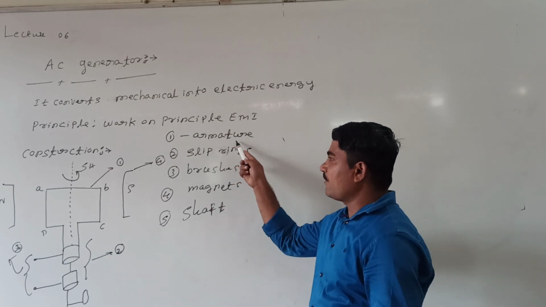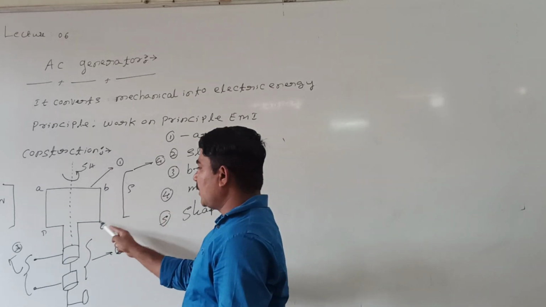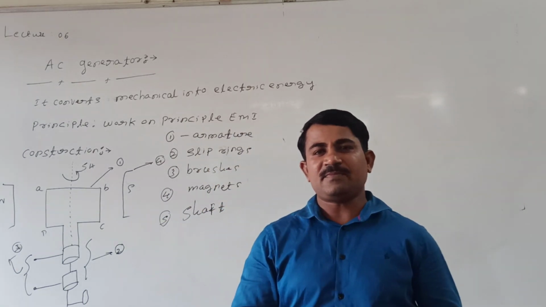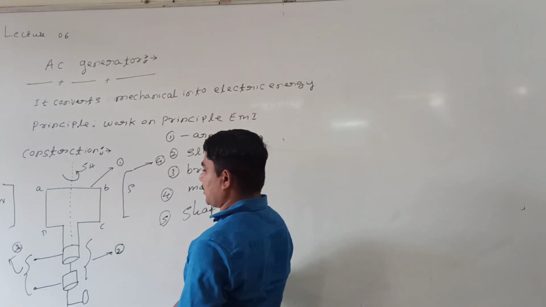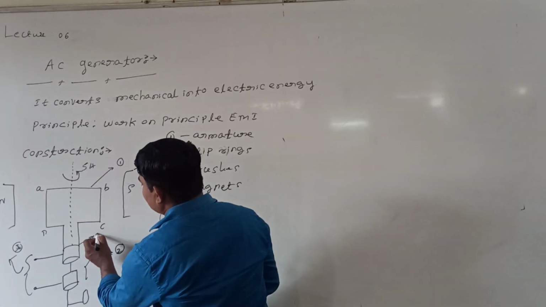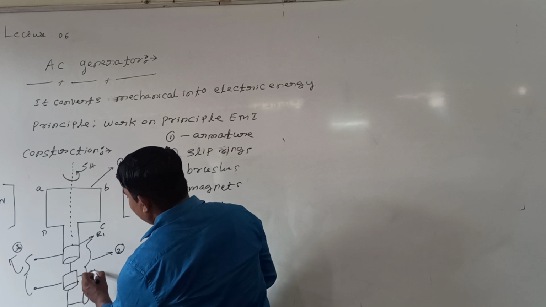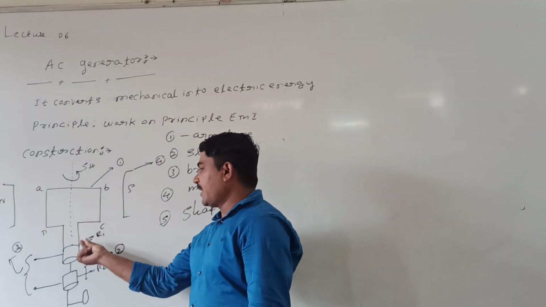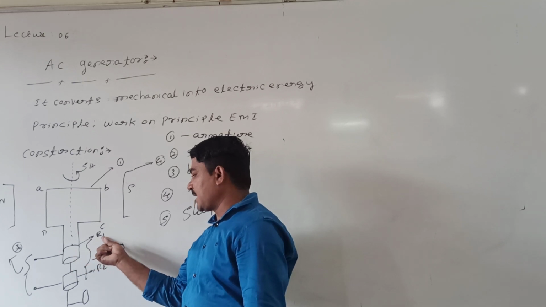What are we calling this? Armature. Armature means the rectangular coil wound on a soft iron core. At the end of the armature, two slip rings are connected. These slip rings I can call R1 and R2.